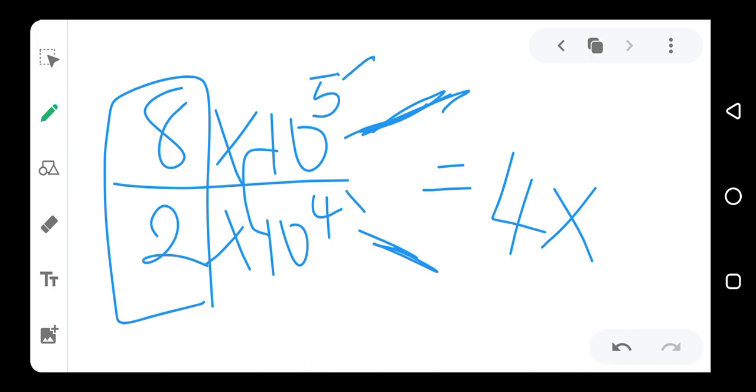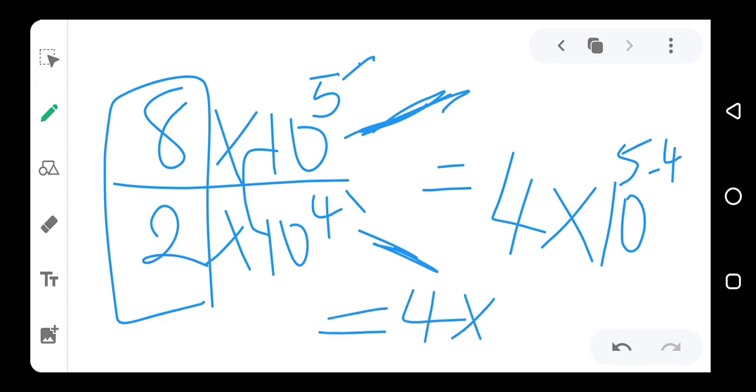The one on top minus the one below, 5 minus 4, which is equal to 4 times 10 raised to power 1, which is equal to 4 times 10, which is equal to 40.